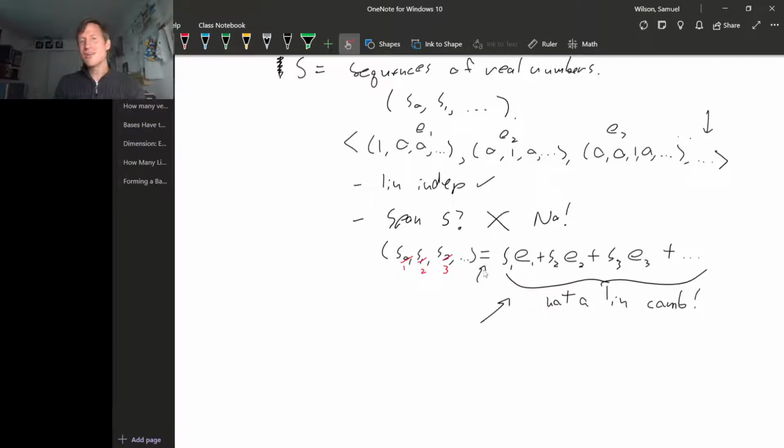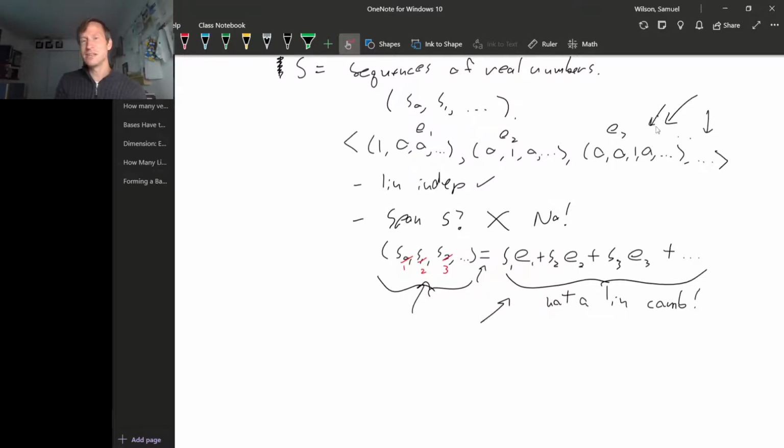So is there any way, by taking finite sums, of producing this sequence from these elements? And the answer is no, right? Any finite combination of these elements will have a last non-zero entry, and this sequence might have non-zero entries beyond that.